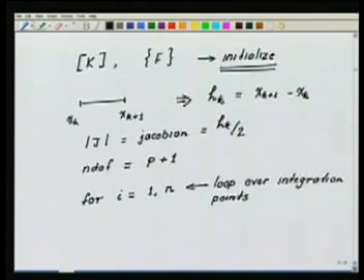Okay. Once I start the loop over the integration points, then for each integration point I start the loop over the degrees of freedom of the element. In this loop I am going to do the following.